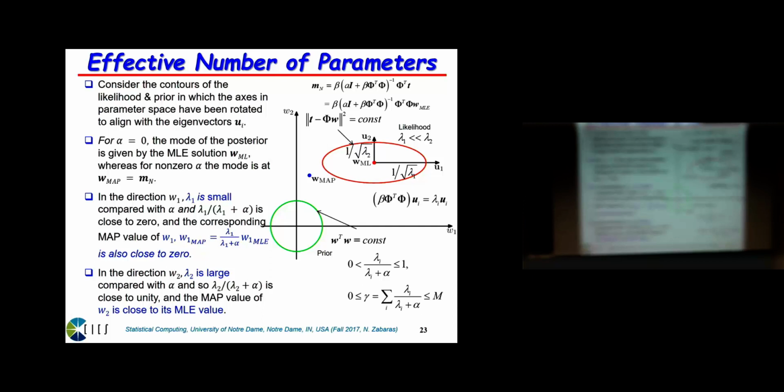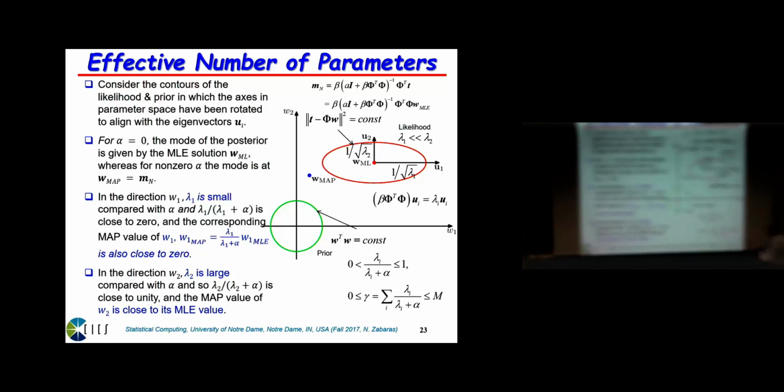Bottom line, what I want you to remember is this physical meaning of the ratio lambda i divided by lambda i plus alpha. If you sum all of this together, what you get is the number of effective parameters that your model can compute. You can show that this number of effective parameters is between 0 and the maximum order of polynomials that you have in your model.